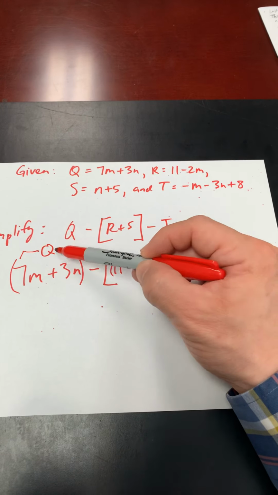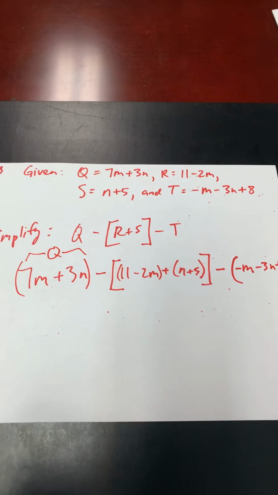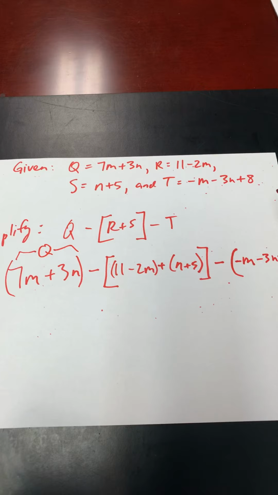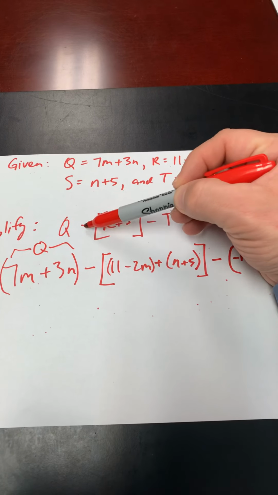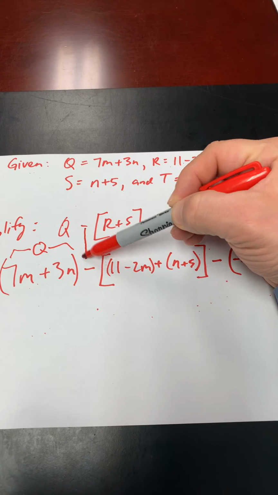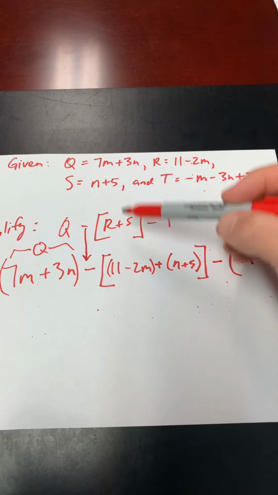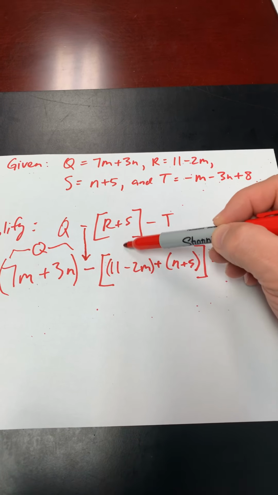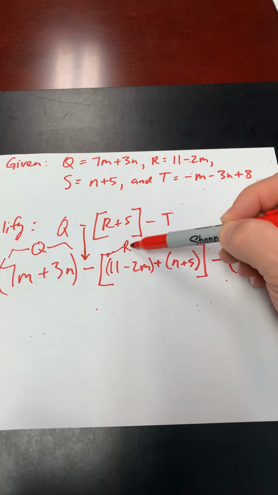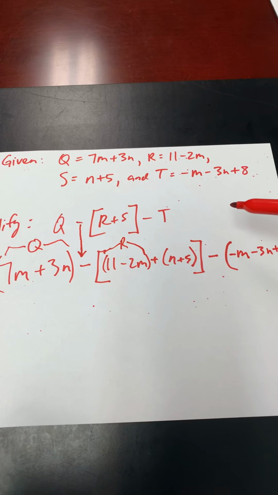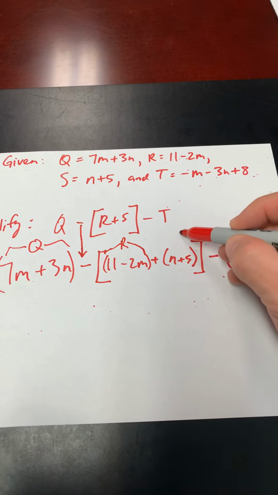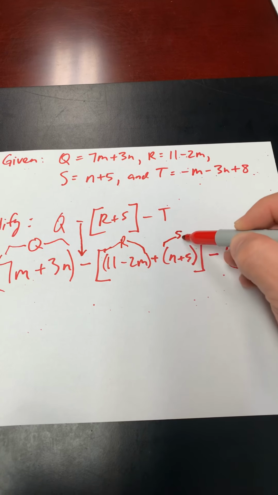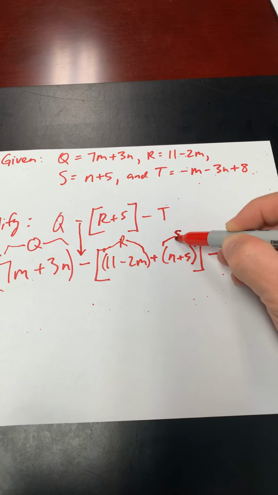Okay, all right, so if you look at that, all of this is Q. And then it's telling us that from Q, we're going to subtract. So I just brought that subtraction sign down. Then I've got my grouping symbol here. Now R, here's R right here. See that? And then this is S. It's an S, not a 5.